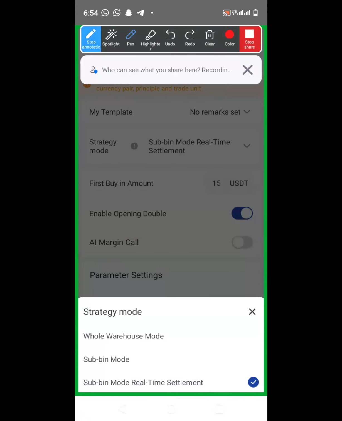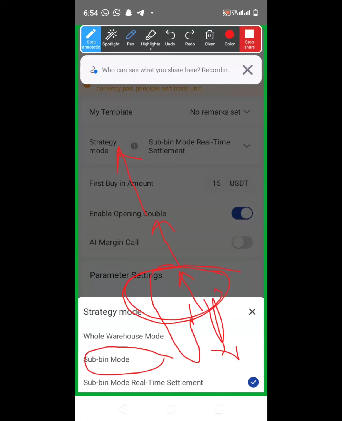Now, this subbing mode simply means that when the market is bouncing back up, instead of the robot selling this subset to give you profit, once it sells, that money it will use to return into the market and buy for you.